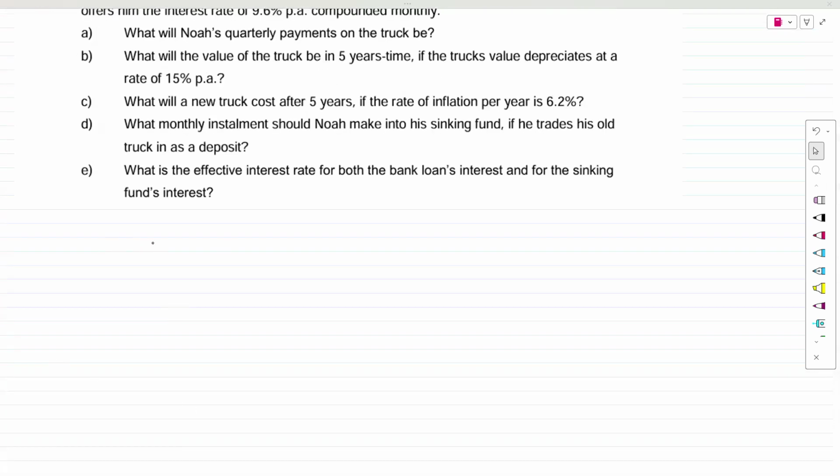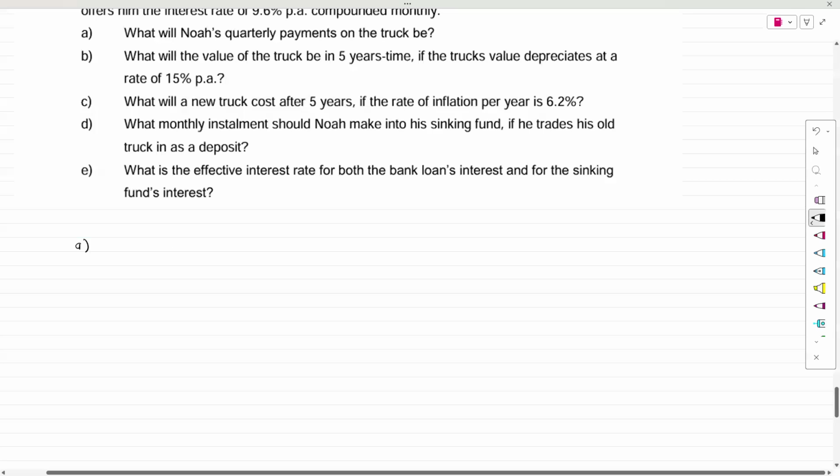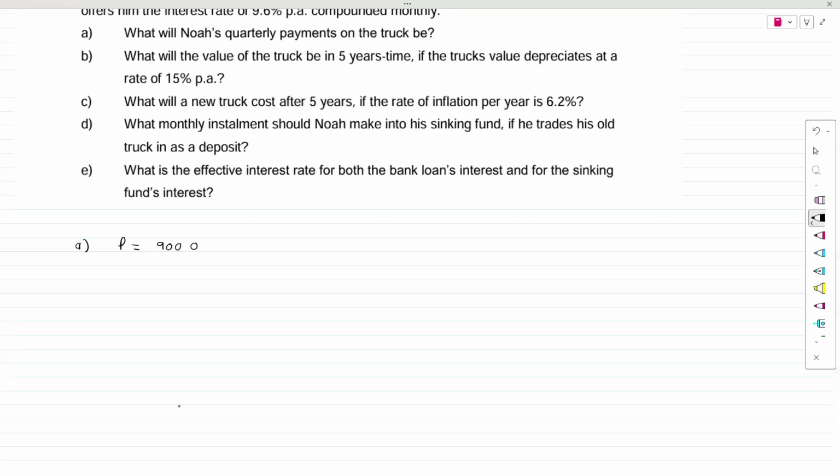Now, guys, Noah's truck costs 900,000. Please understand, it's a loan, so it has to be present value. The interest rate that they gave them was 9.6% compounded quarterly, which is 0.024. X was equal to an unknown because we don't know what his payments are, but we know N is for 5 years.